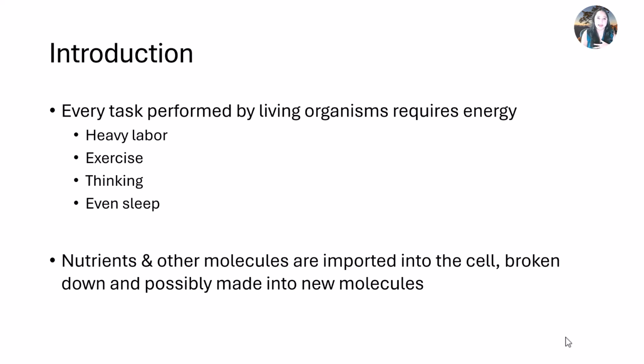Tied back to lecture 3, the food that we eat and the molecules that we consume get used for things that we need in our cells, and especially for energy. The nutrients that we eat and other molecules get imported into cells, broken down, and then possibly made into new molecules. And that's basically your metabolism.